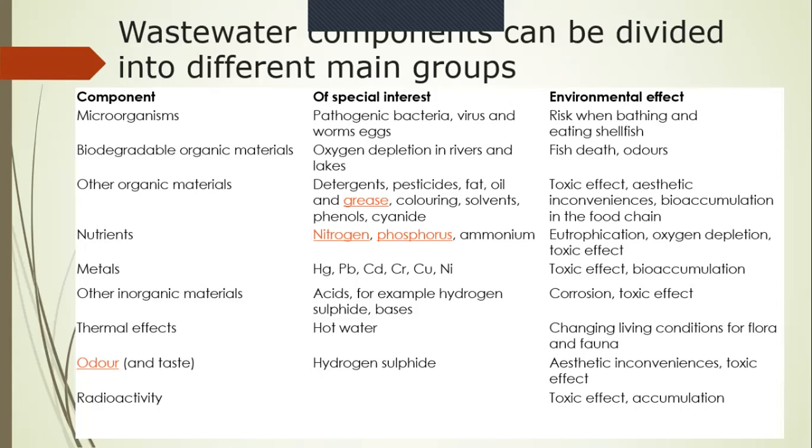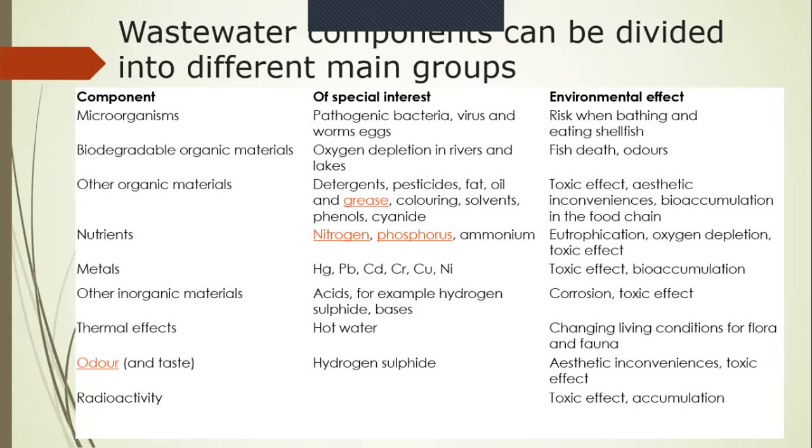Then the biodegradable organic material in wastewater: why we have to treat and remove it is that it is oxygen-depleting material. If you release it directly into the rivers or the lakes, it will exert biochemical oxygen demand and deplete dissolved oxygen in the water bodies.